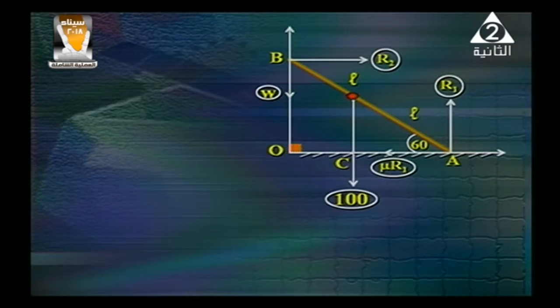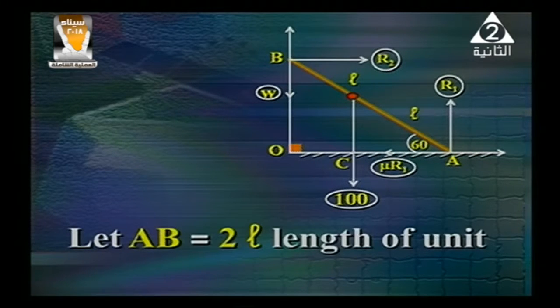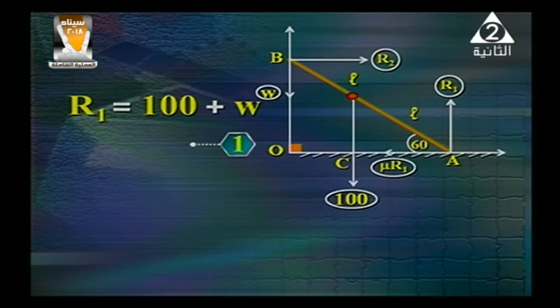Look at the solution. We have ladder AB, its length 2L, length of unit. We have the first equation, R1 equals 100 plus W, where W is the weight.